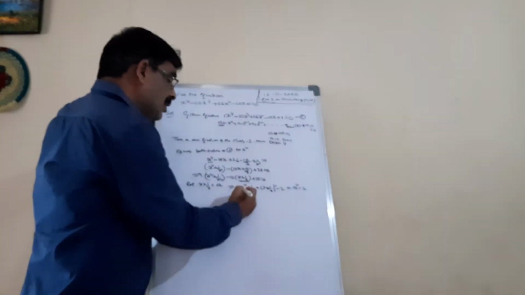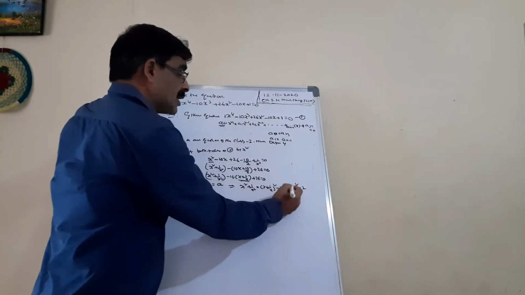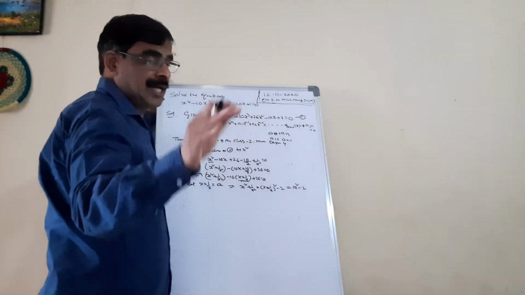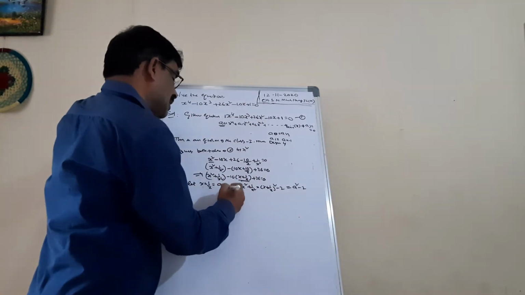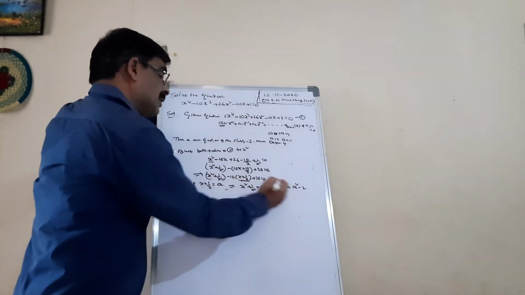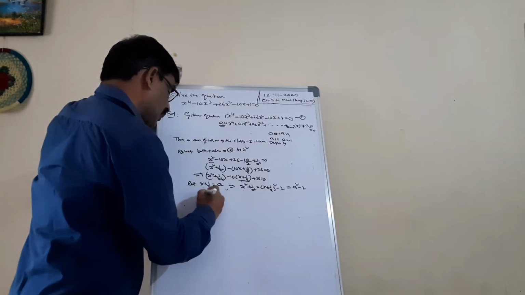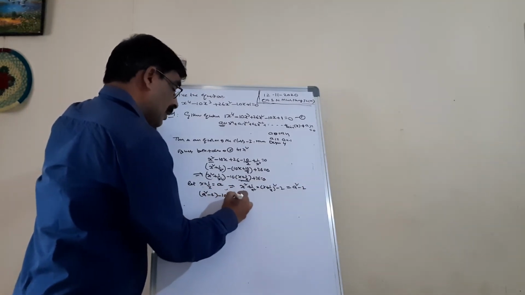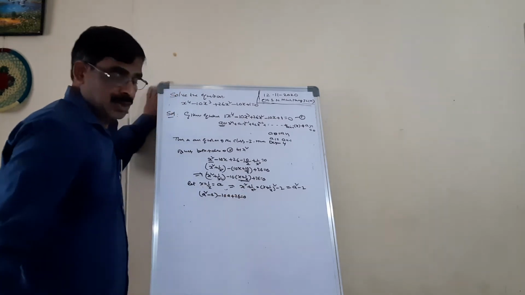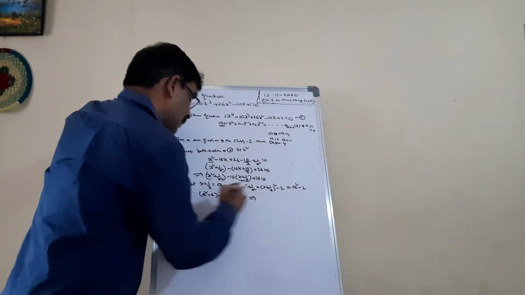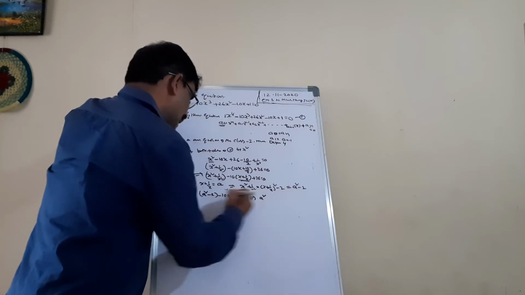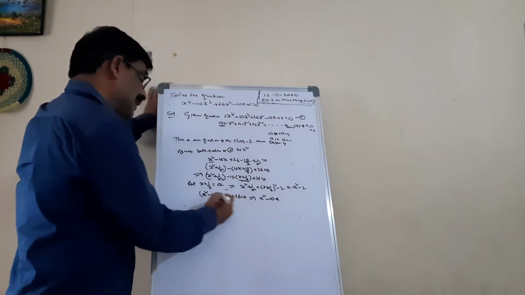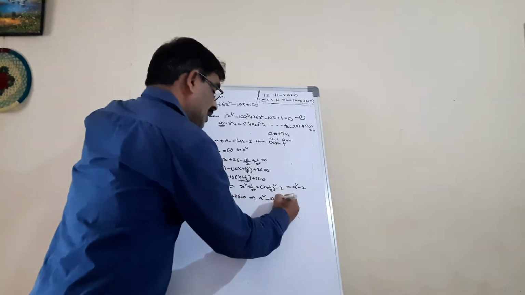Now the equation becomes a square minus 2 minus 10a plus 26 equal to 0. Then it implies a square minus 10a plus 24, since 26 minus 2 is 24.